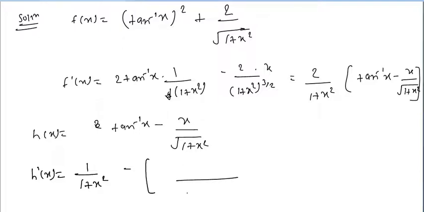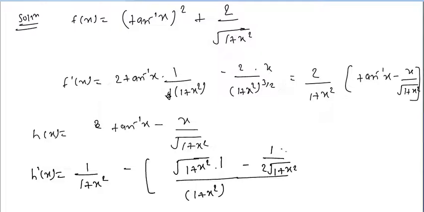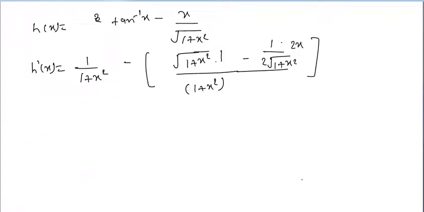So it will be 1 plus x square, denominator square, into square root of 1 plus x square into 1 minus the differentiation of this part, that is 1 divided by 2 square root of 1 plus x square into 2x. Clear? So take 1 by 1 plus x square common, then 1 minus what remains.